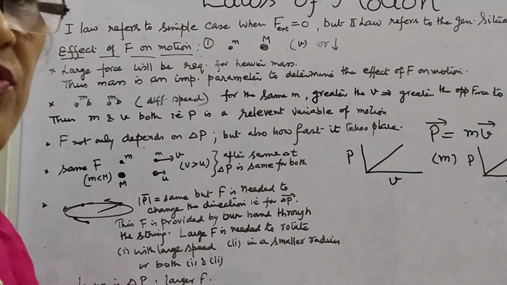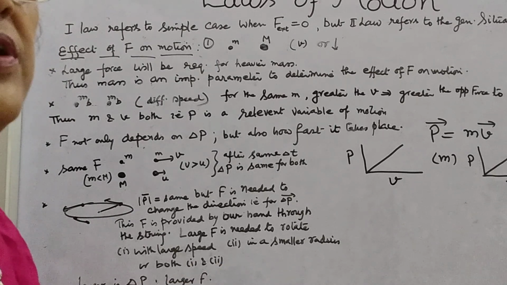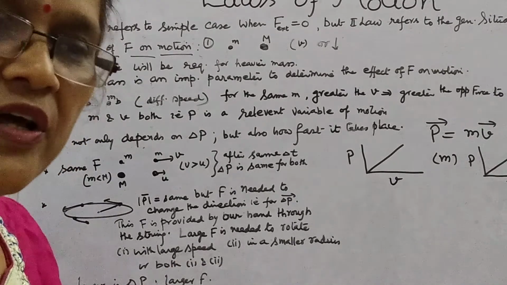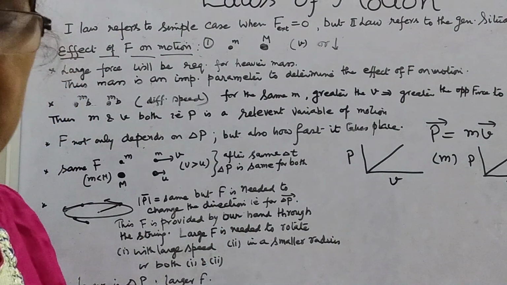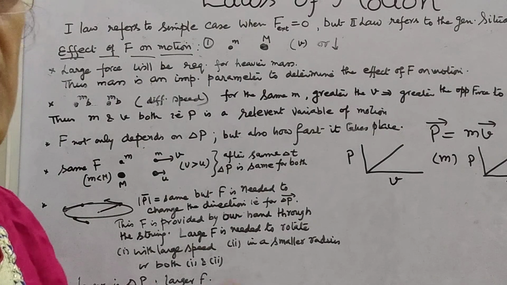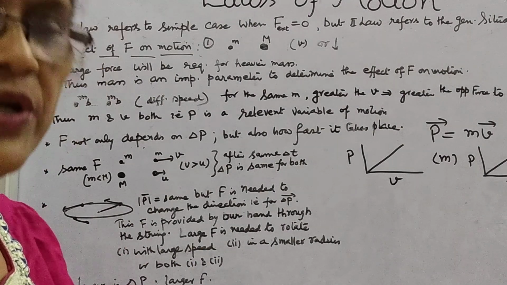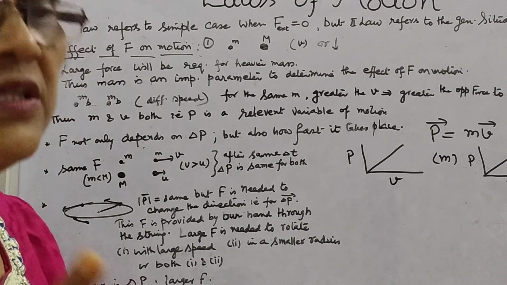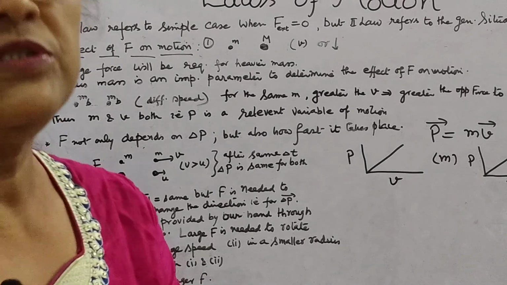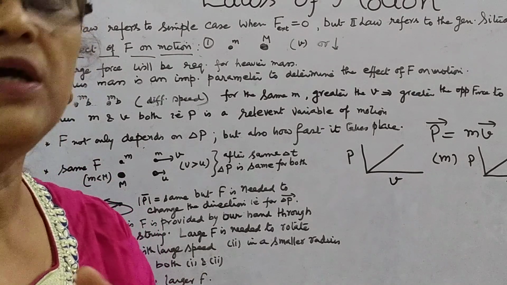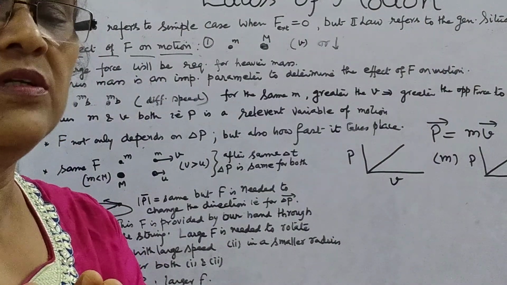The second law of motion given by Newton states that the rate of change of momentum of an object is equal to the applied force on it, and the change in momentum corresponds to the direction of the applied force.